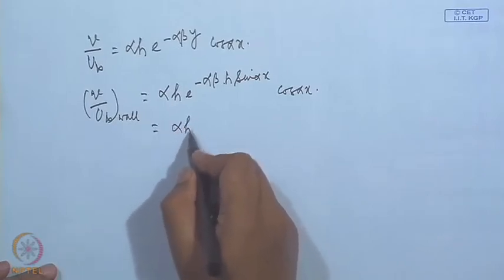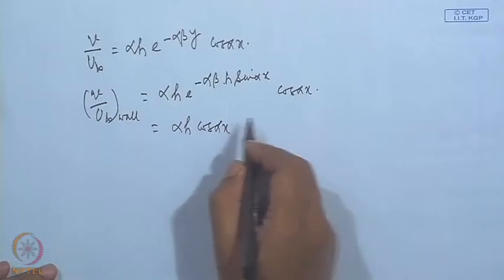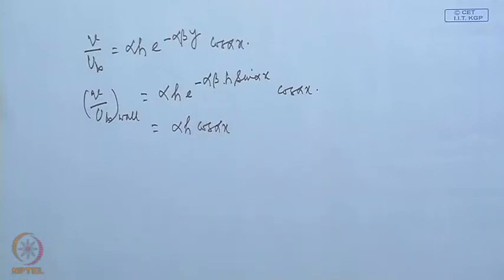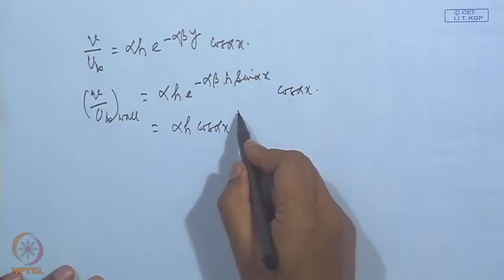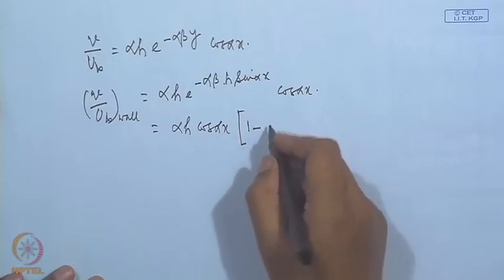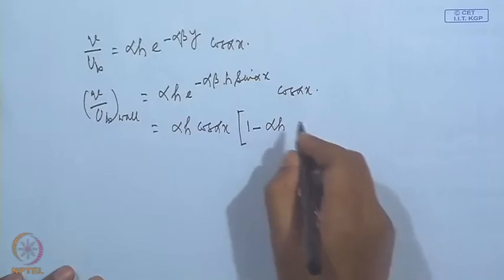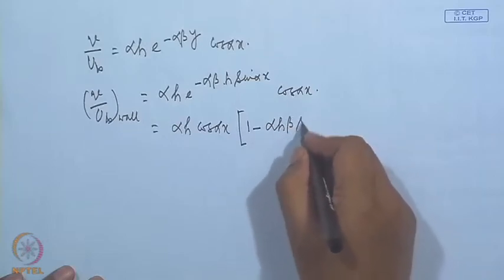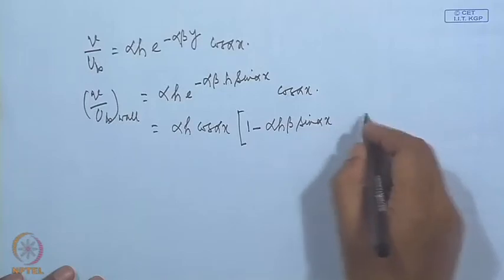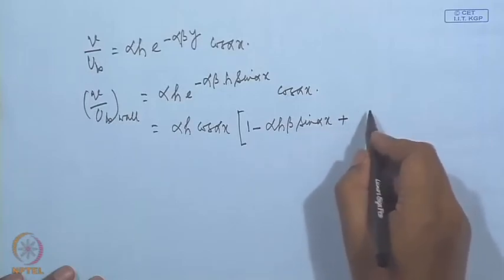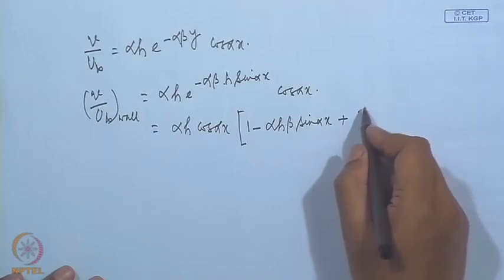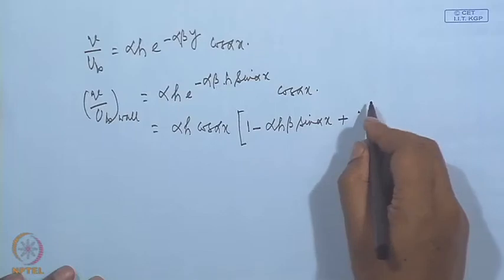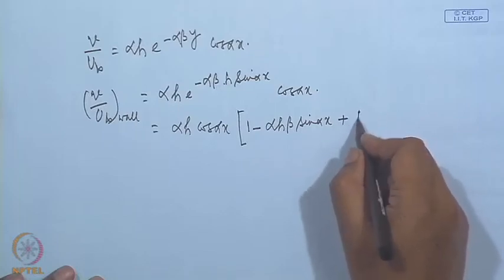This we can write alpha h cos alpha x, and this term e to the power minus alpha beta h sin alpha x we can expand in power series to get 1 minus alpha h beta sin alpha x plus higher order terms.